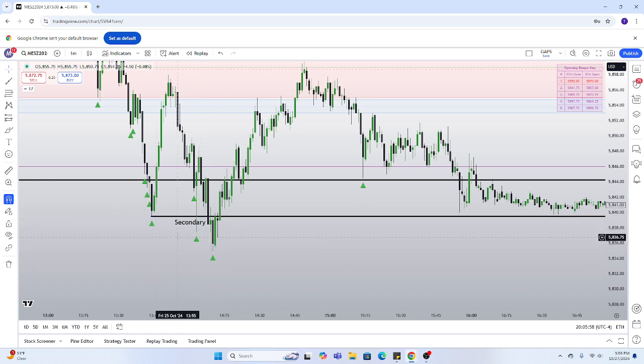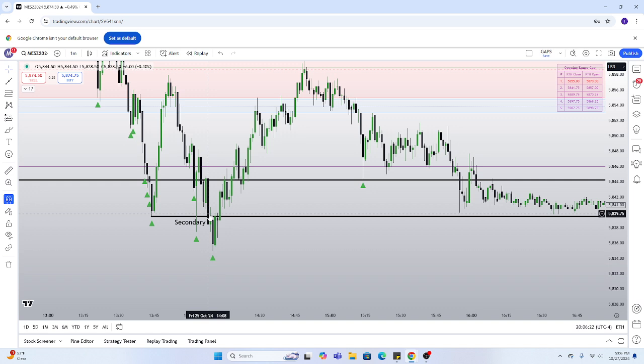So you have the primary low taken out, which was this black line, a slight reversal, and then the secondary low, which was this one that was taken out. Some people may be trying to get long here. They saw it pop below here. But you want to wait for that second low.